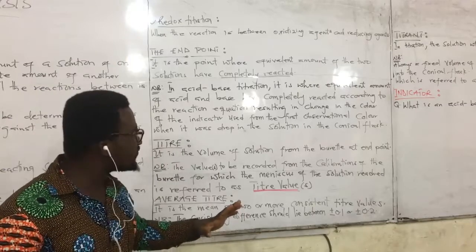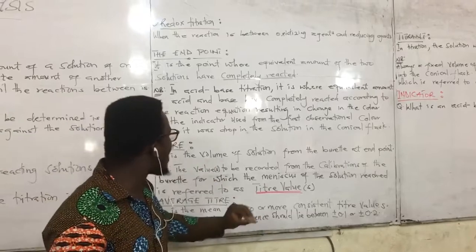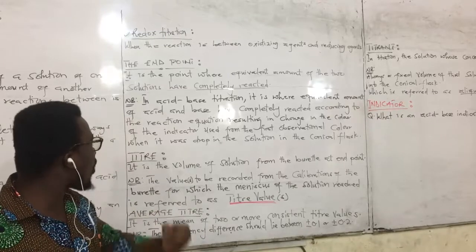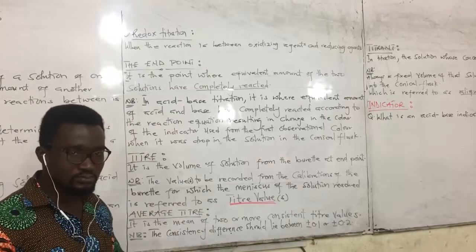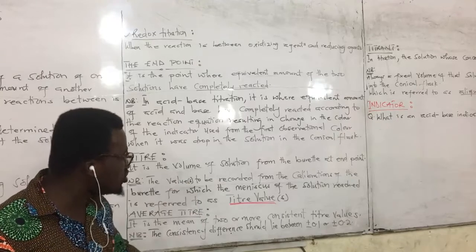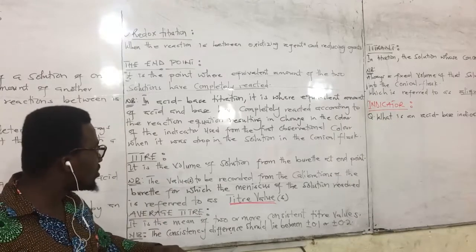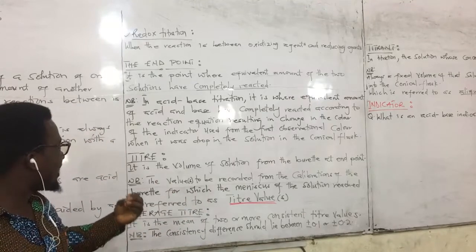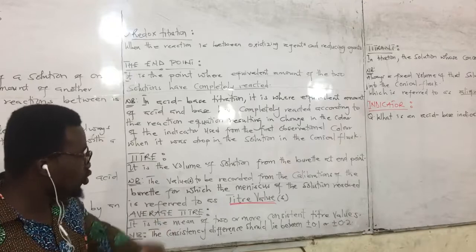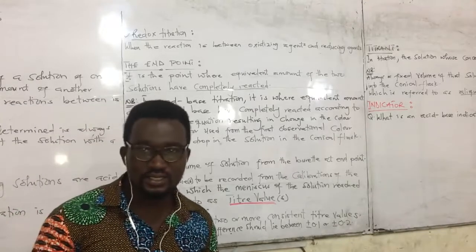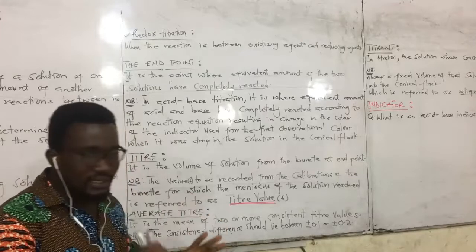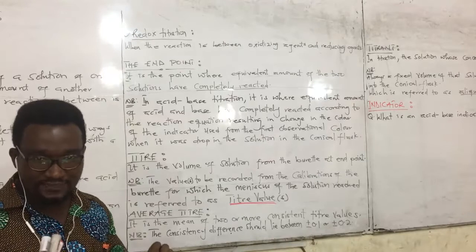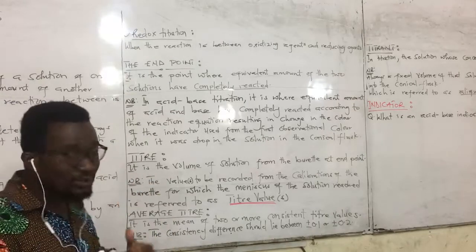Now, there is something that we are supposed to note. In acid-base titration, it is where equivalent amounts of acid and base have completely reacted according to the reaction equation, resulting in a change in the color of the indicator used from the first observed color when it was dropped in the solution in the conical flask. So, I have described endpoint specifically under a certain condition.